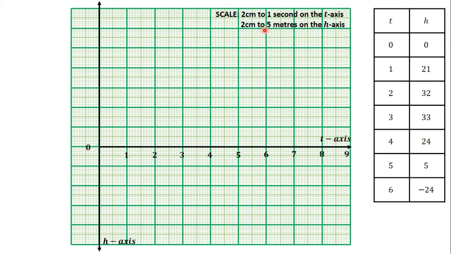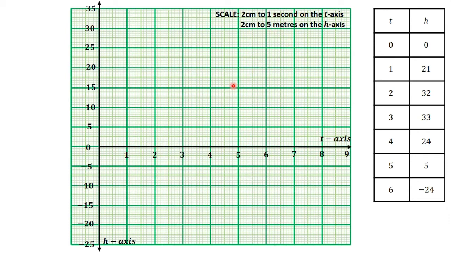And I'll use a scale of 2 centimeters to 5 meters to number the h-axis. So I have 0, 5, 10, 15, 20, 25, 30, 35 on the positive side. Then on the negative side, you have minus 5, minus 10, minus 15, minus 20, minus 25. So you have now numbered both the t and h axes using the scale given to us.